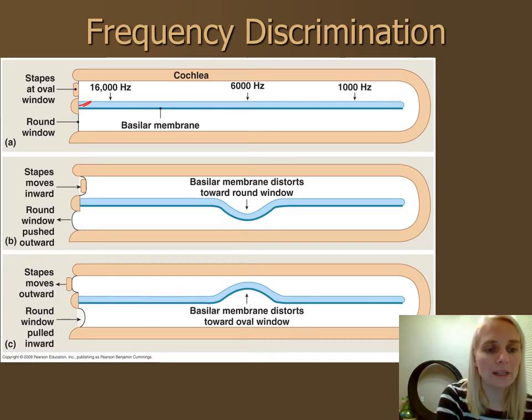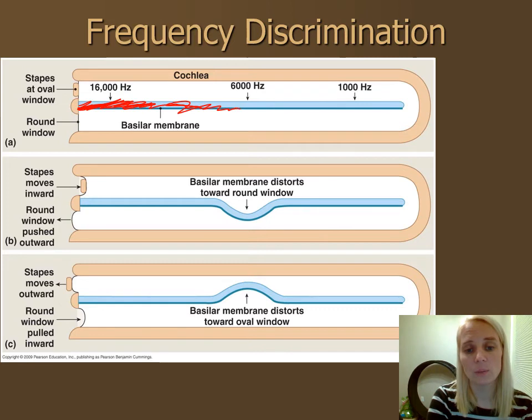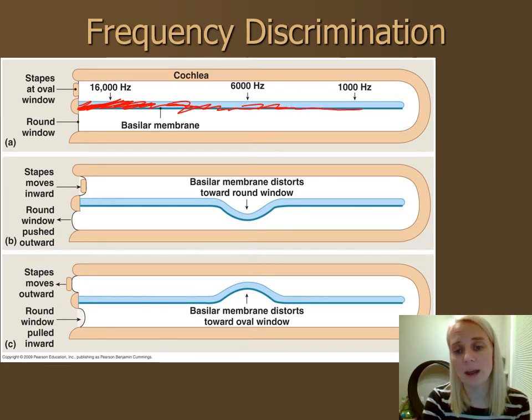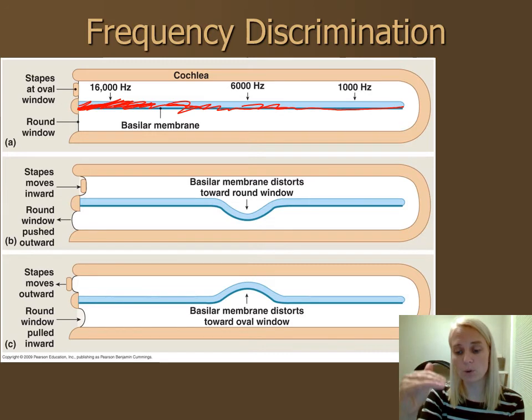So it is really dense and really thick up here close to the oval window. And as you get further out, it's a little bit less thick. And then when you get out here, it's really flexible. So the more dense this membrane is, the more energy is needed to distort it, to push those hair cells up into the tectorial membrane.